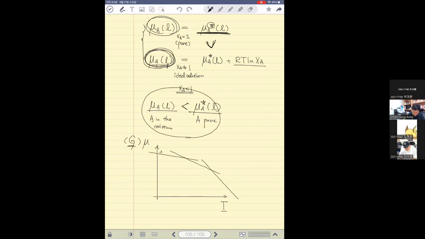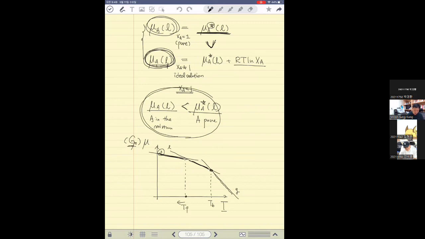This was for solid, this was for liquid, this was for gas phase, and from this we conclude that over this temperature range, the substance prefers existing in the solid phase because that's how you minimize the Gibbs energy, or the chemical potential, right? And over this temperature range, the substance prefers to exist in liquid phase because that's how you minimize the Gibbs energy or the chemical potential. And at this temperature range, the substance prefers existing as a gas phase because that's how you minimize the chemical potential. And this temperature was known as the boiling point. This temperature was known as the melting point or the freezing point, right?